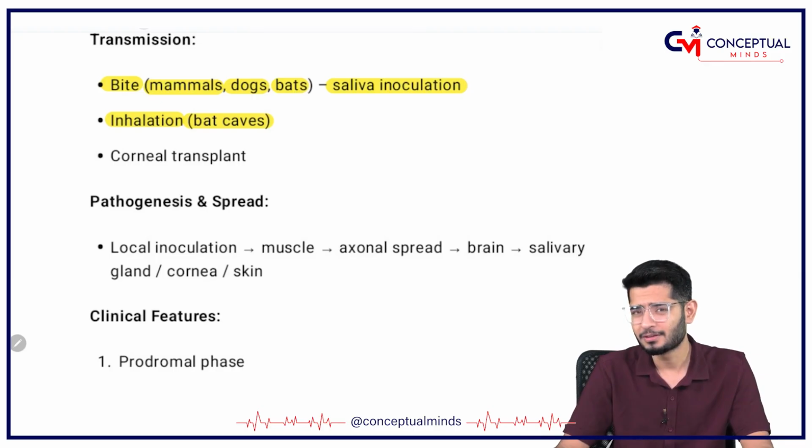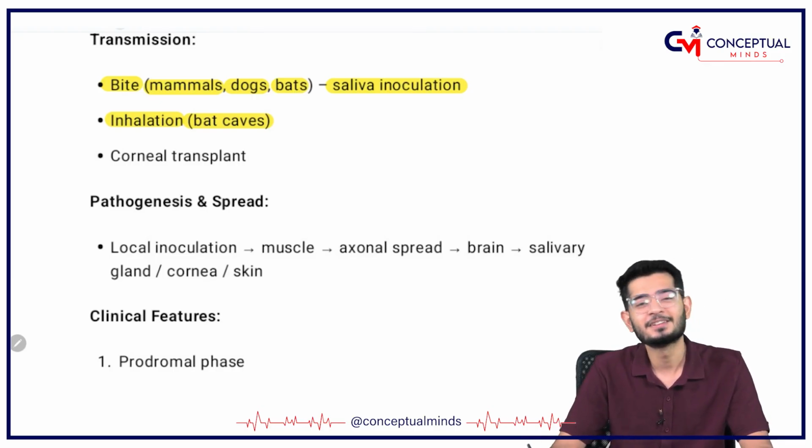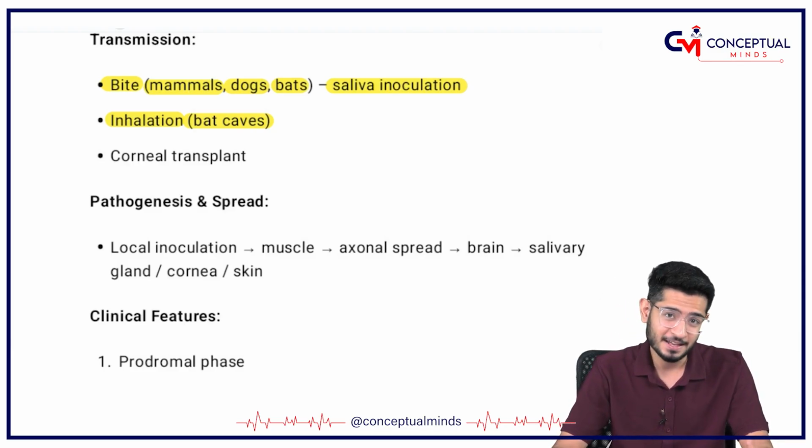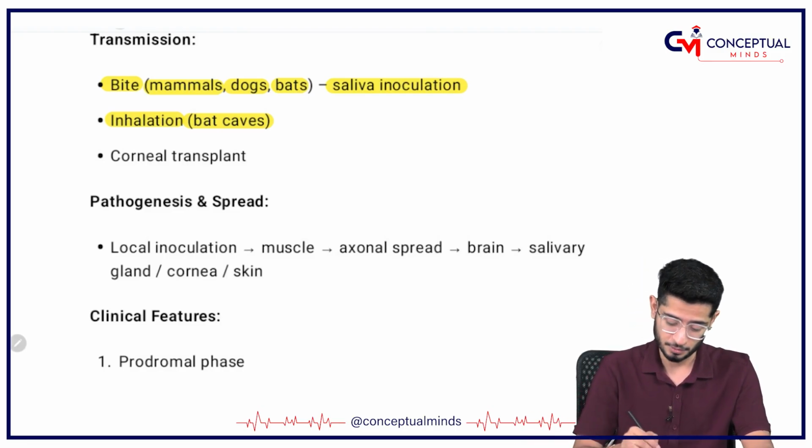If I am not wrong, living in the beautiful city of Hyderabad, I once had a chance to visit Golconda Fort, and there were so many bats there. So bat caves are one of the places from where you can inhale the rabies virus via the respiratory route.